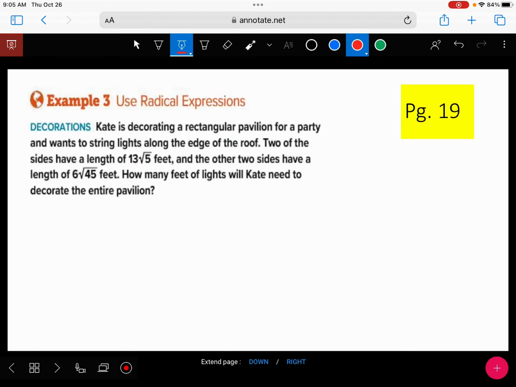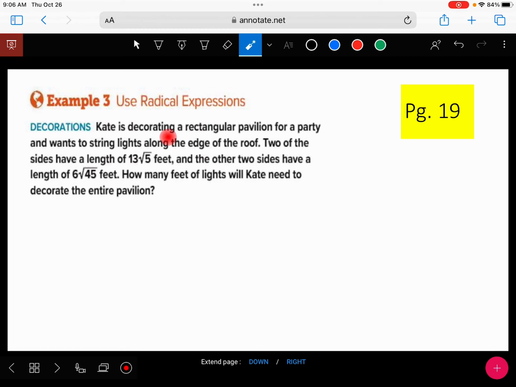All right, so go to page 19 in your note packet, so we got a word problem.